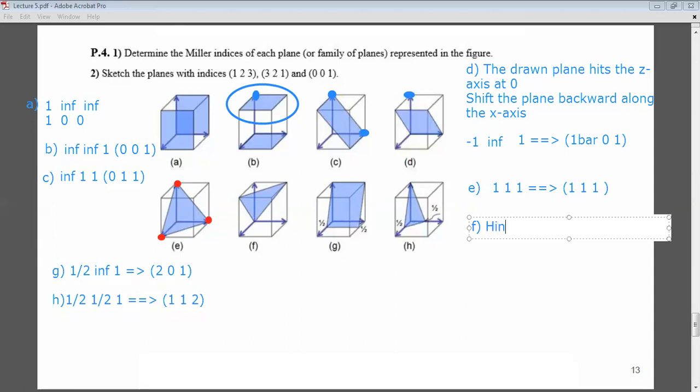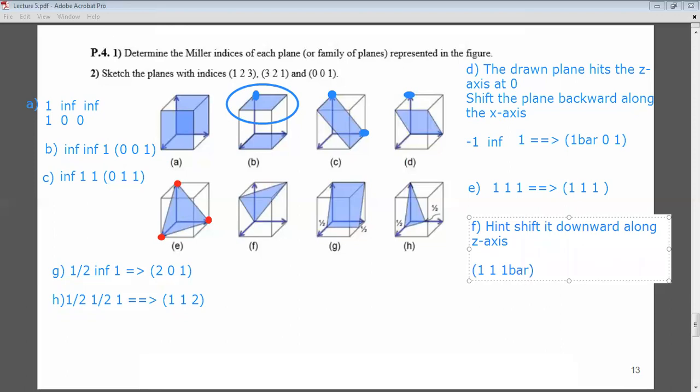So hint, shift it downward along the z-axis. Okay, just shift it one step downward along the z-axis. You will get the answer to be, so this is part F, you will get it to be 1, 1, 1 bar. Okay, so do it on your own and see how you can get it.